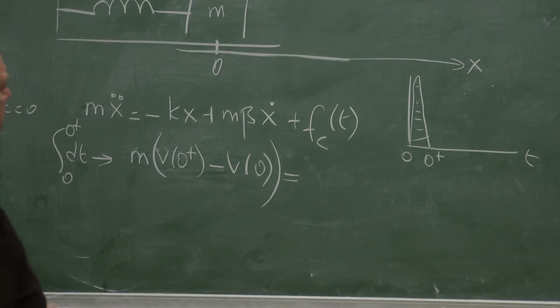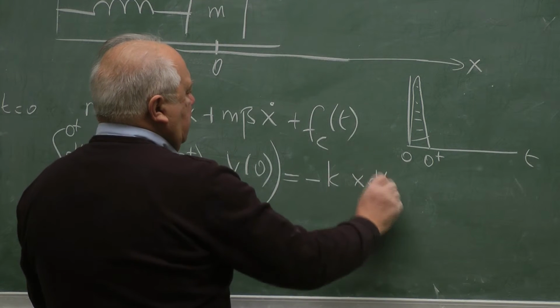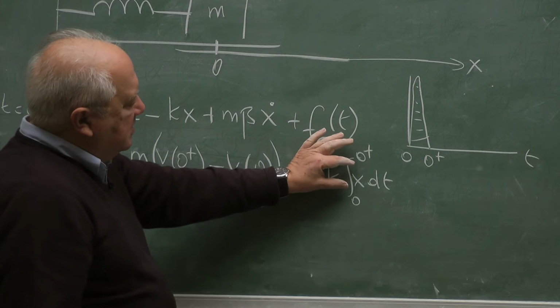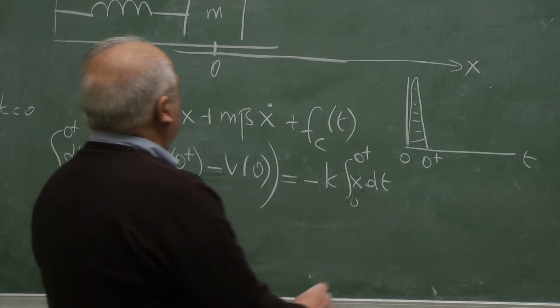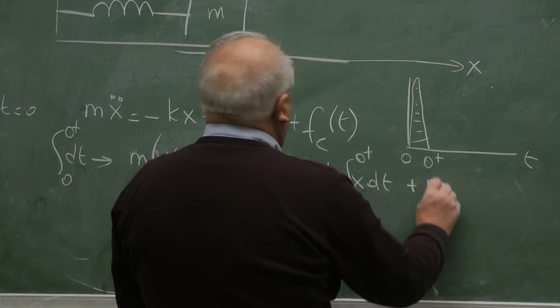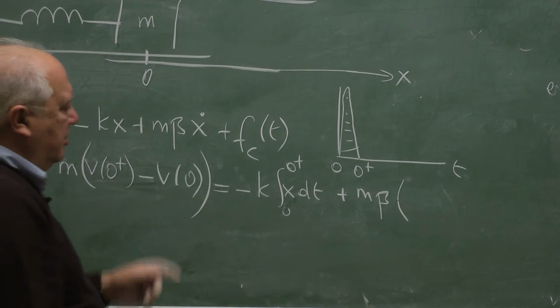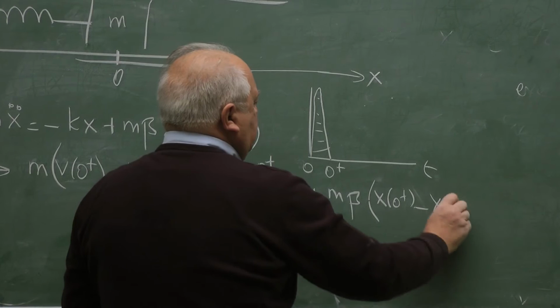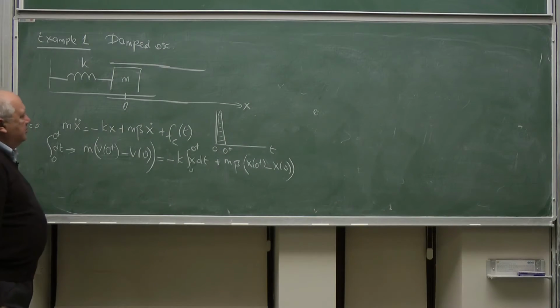So minus k x dt from 0 to 0 plus, and this is an infinitesimal limit, so this doesn't contribute, plus m beta, this is dx dt, so it is x at 0 plus minus x at 0. Again, the object did not move.